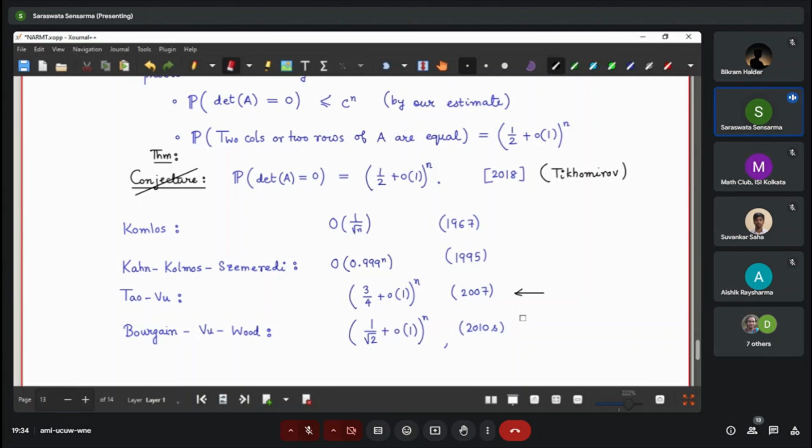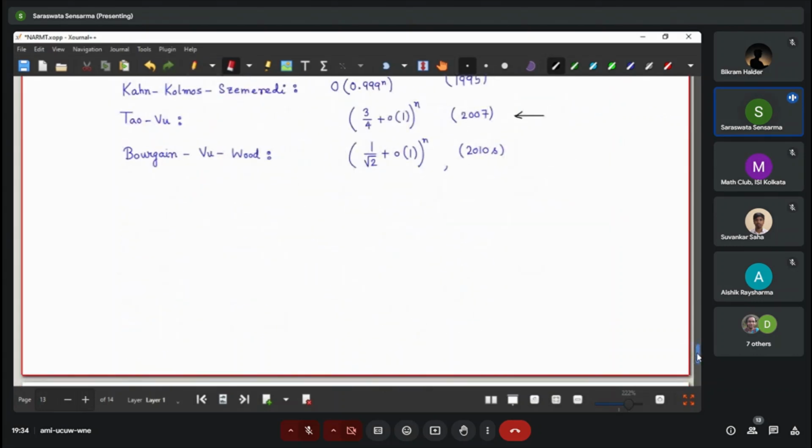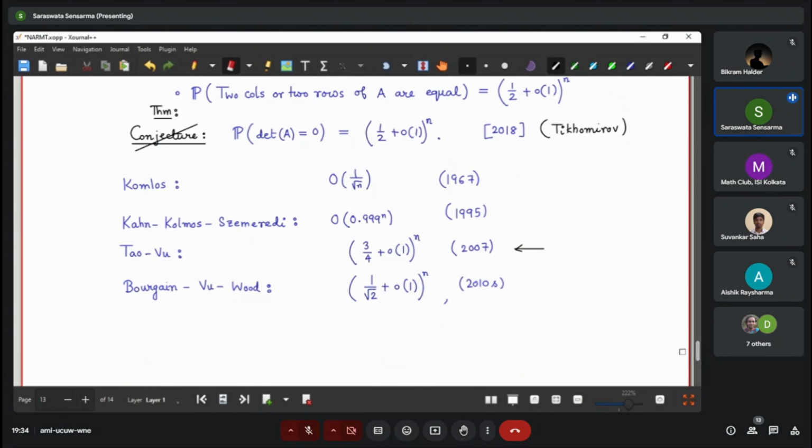Because very recently we have started borrowing techniques from geometric functional analysis and using them in probability. So there's a lot of potential for these techniques to be used. That will be all from my side. If there are any questions, now is a good time.